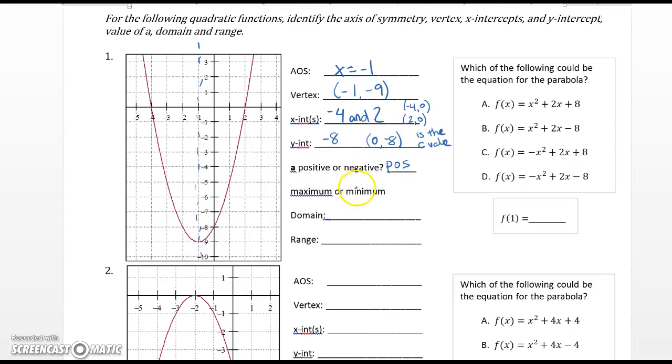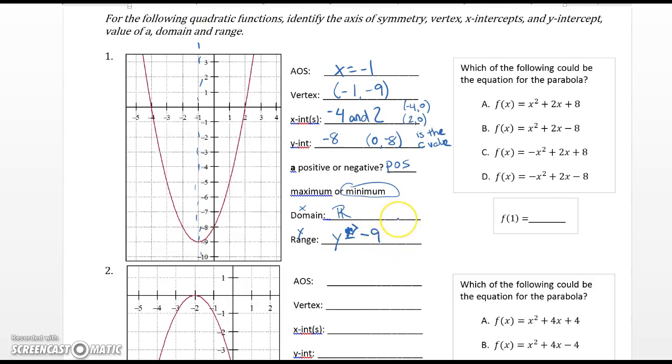Anytime A is positive, there will be a minimum, because it's going to be the lowest part of the graph. The domain goes on forever in the x direction. The lowest part of the range is going to be down here at -9, so y is greater than or equal to -9, because it's going up this way.